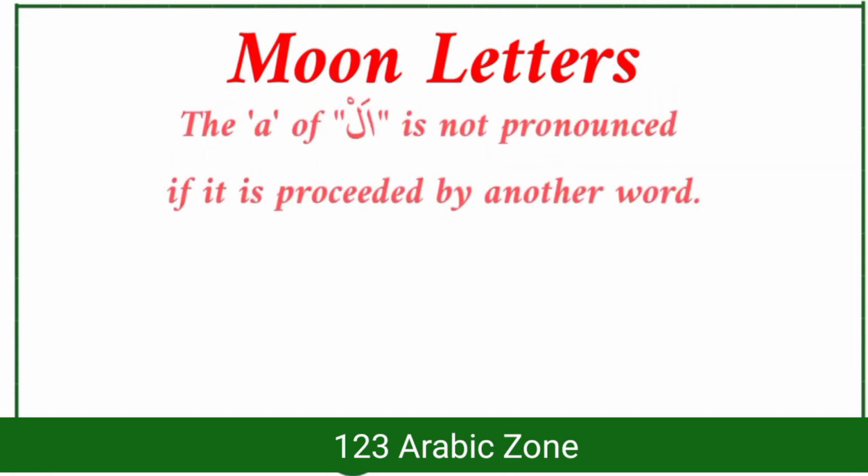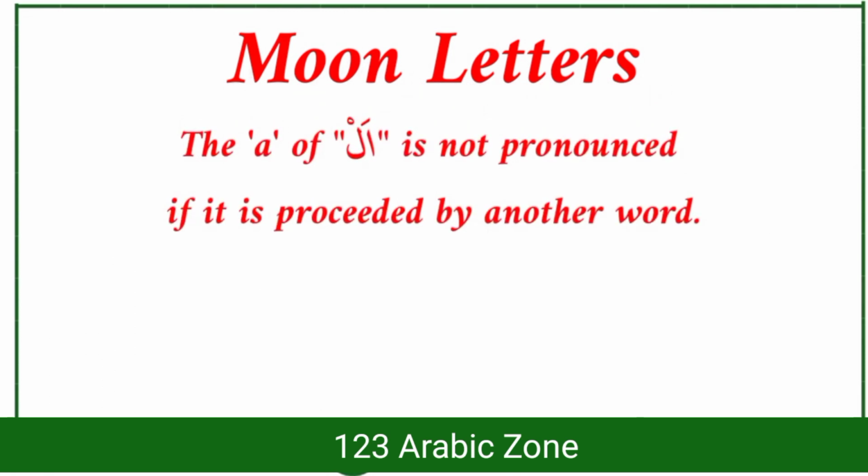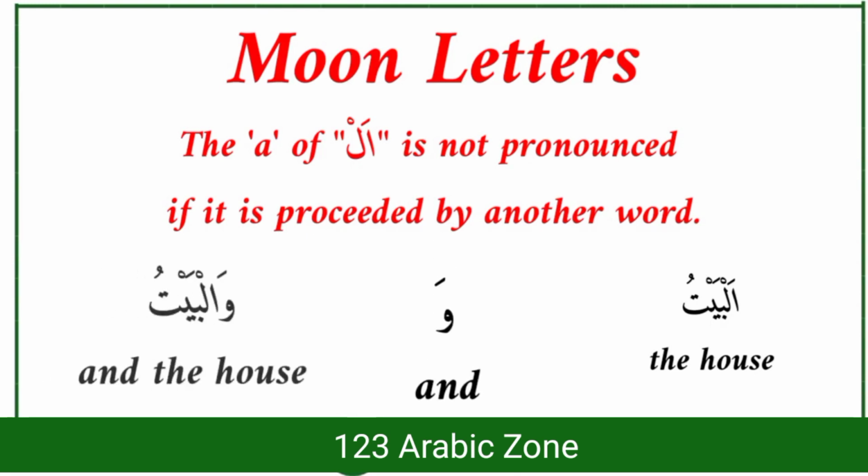So there's another rule. The a of al is not pronounced if it is preceded by another word. The example is al baytu, means the house. When this noun is preceded by another word, like in our example wa, wal baytu, and the house.